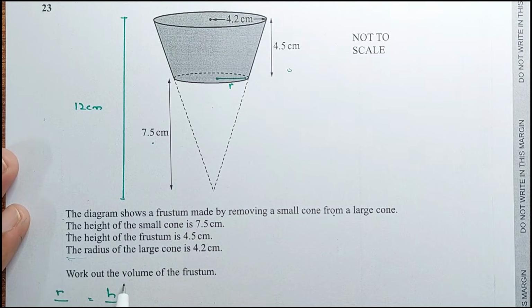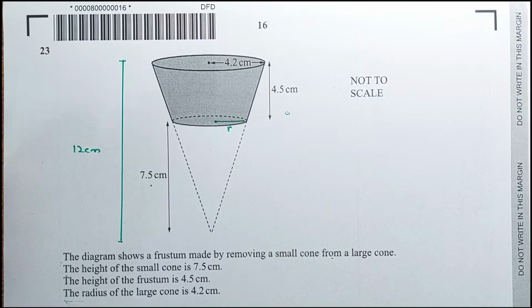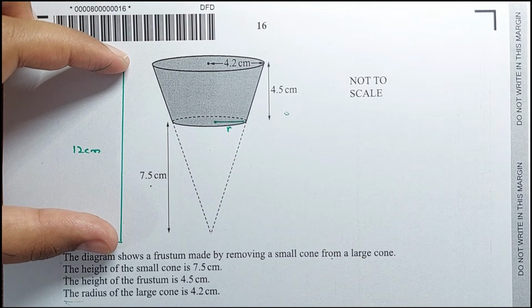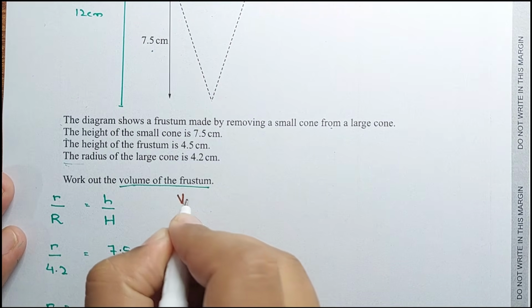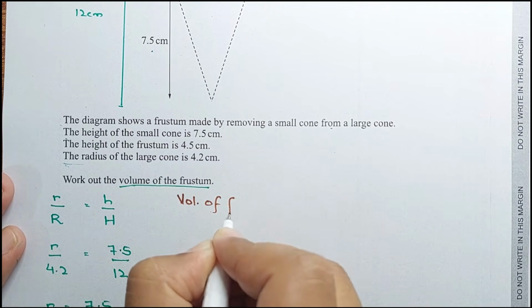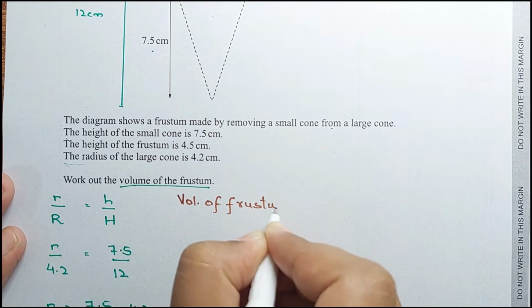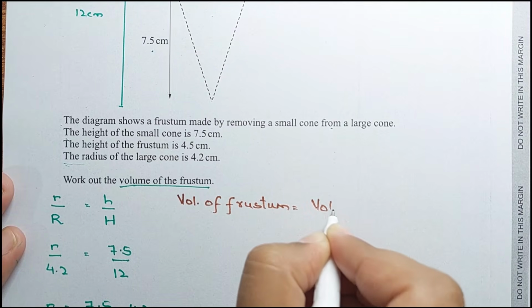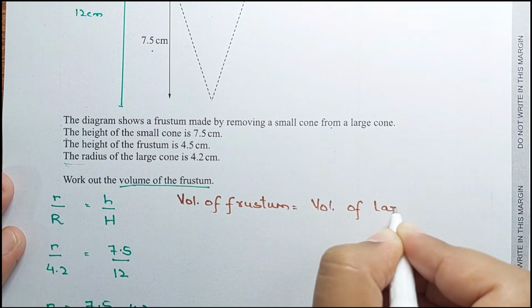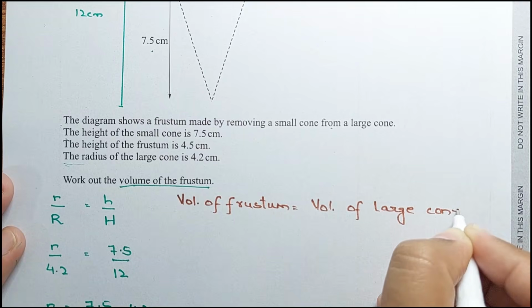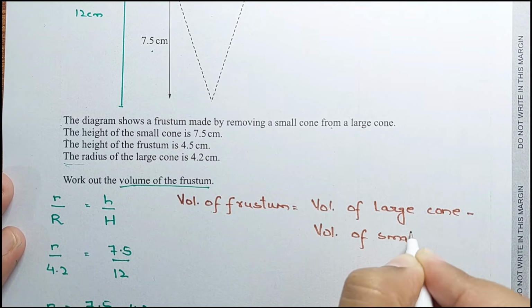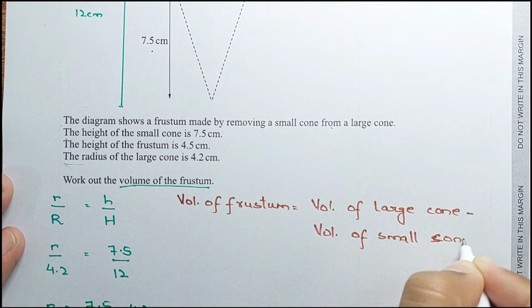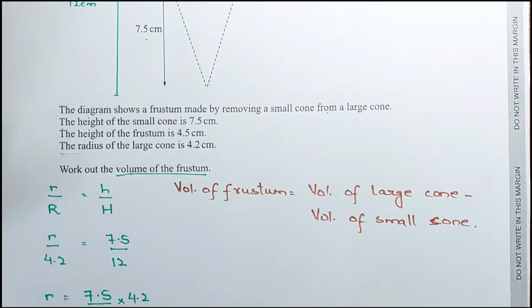So now to work out the volume of the frustum, we need to find the volume of the larger cone and subtract the volume of the smaller cone. We will get the volume of the frustum, right? So the volume of frustum equals volume of large cone minus volume of small cone, because the small cone is not shaded, it's not part of the frustum, right?